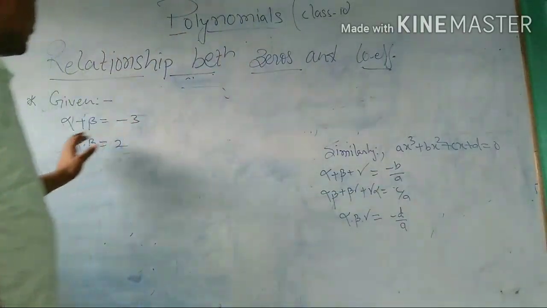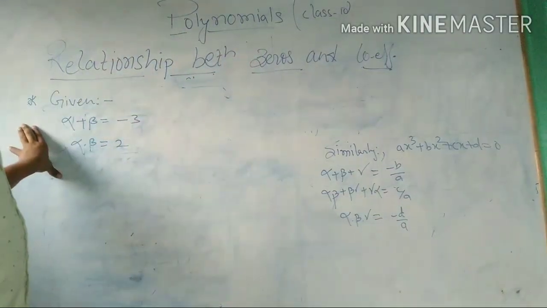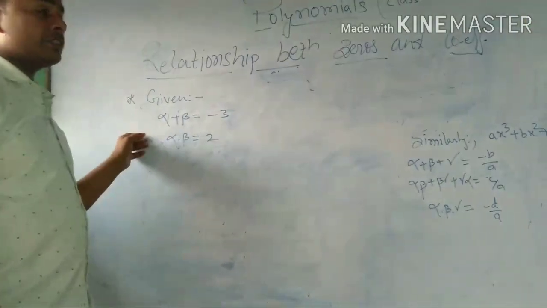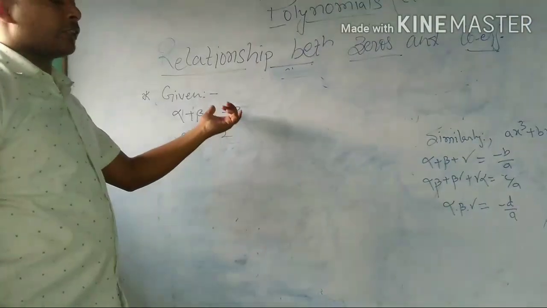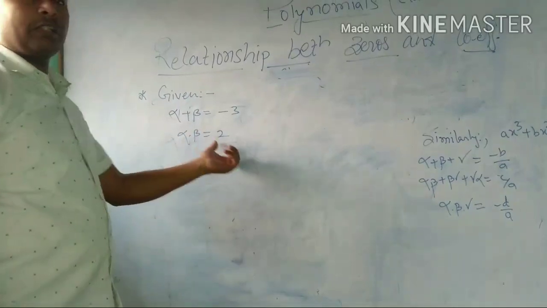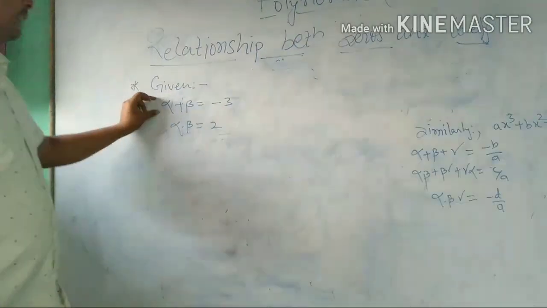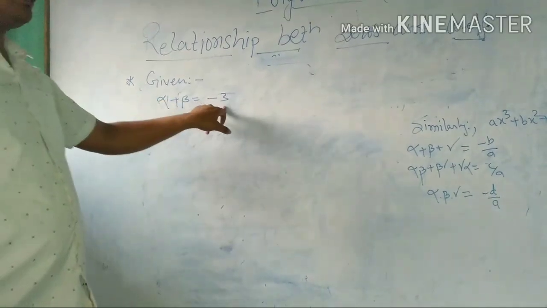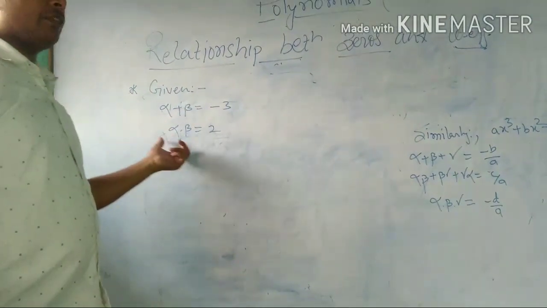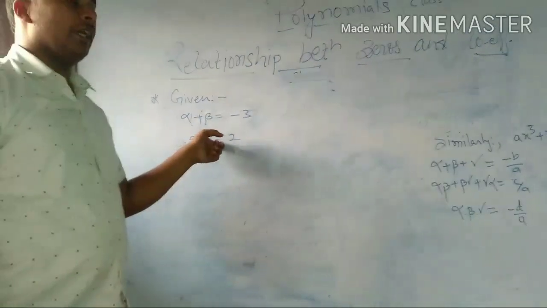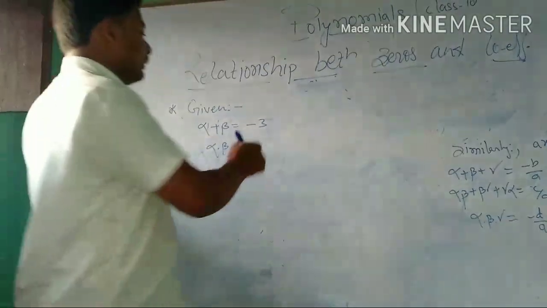Now we have one question here: find out a quadratic equation whose sum of the zeros and the product of the zeros has been given to you. If the sum of the zeros, that is alpha plus beta, is equal to minus 3, and the product of the zeros, alpha into beta, is equal to 2, then we can find out.